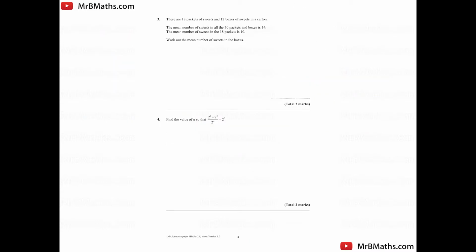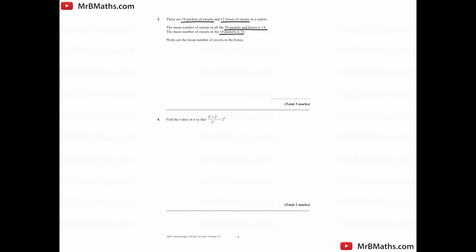Okay, so question 3. There are 18 packets of sweets and 12 boxes of sweets in a carton. The mean number of sweets in all the 30 packets and boxes is 14. The mean number of sweets in 18 packets is 10. Work out the mean number of sweets in the boxes.